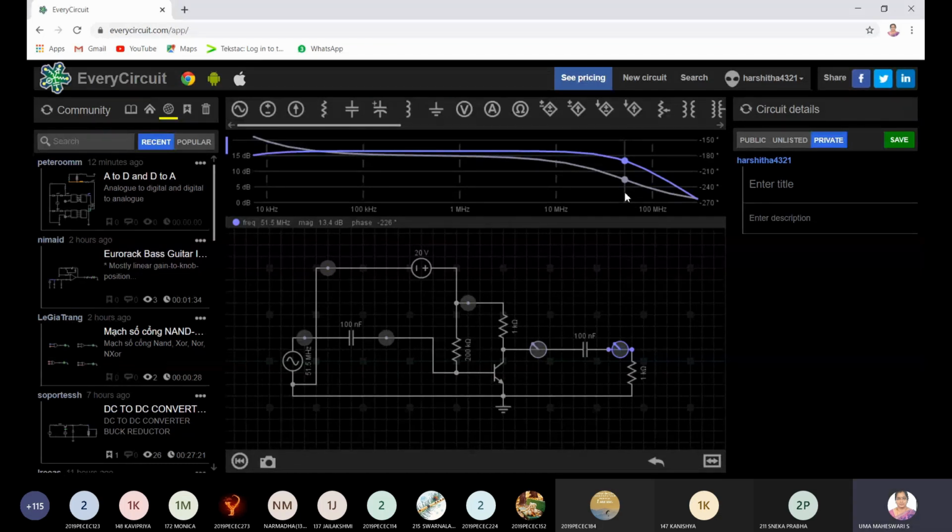Your upper cutoff is 51.5 megahertz, and your lower cutoff frequency is just 4.29 kilohertz only. So my bandwidth will be almost your upper cutoff frequency. That means I am getting 51.49 megahertz.